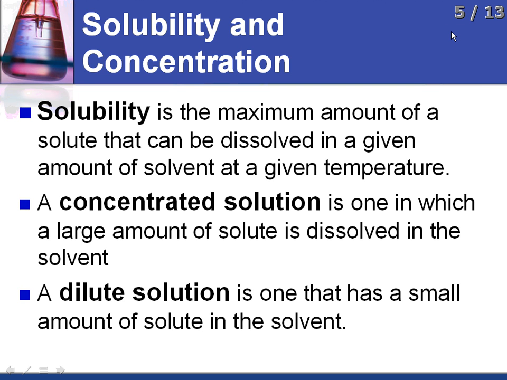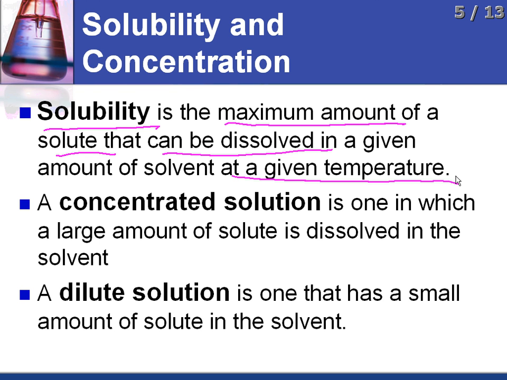Now, when we are talking about the solubility of something, we're talking about the max amount of solute that can be dissolved at a given temperature. Remember, I just said that temperature affects the rate of solubility and it affects how much you can dissolve. When I say the solubility of something, I'm talking about how much solute can be dissolved.